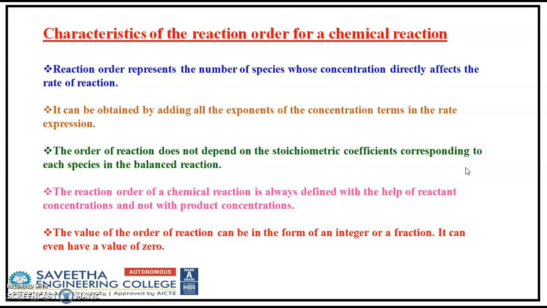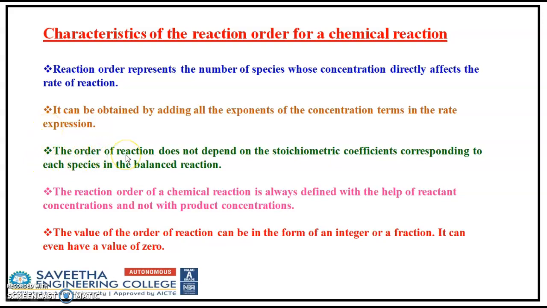Next, characteristics of a reaction order for a chemical reaction. The reaction order represents the number of species whose concentration directly affects the rate of the reaction. It can be obtained by adding all exponents of concentration terms in the rate expression.